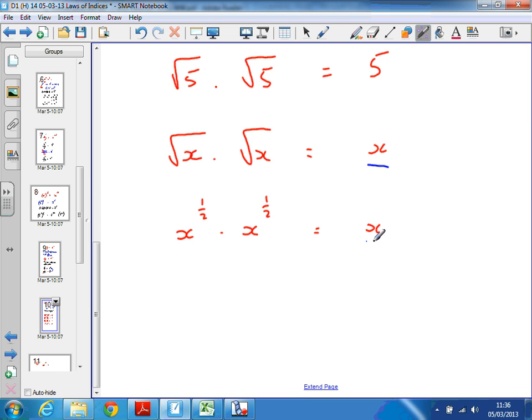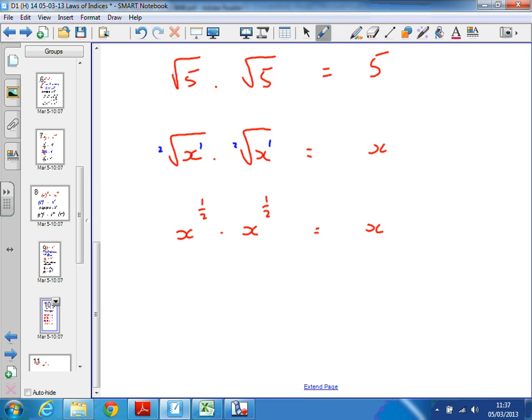That's the same as that. So this must be the same as that. The square root of x, we don't normally write the 2 there, but the square root of x is written as x to the 1 over 2. And that's the argument, that's the proof.